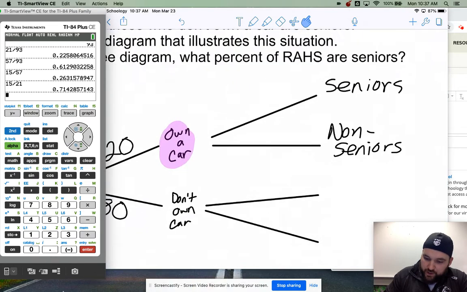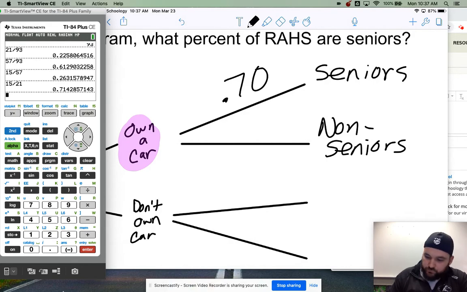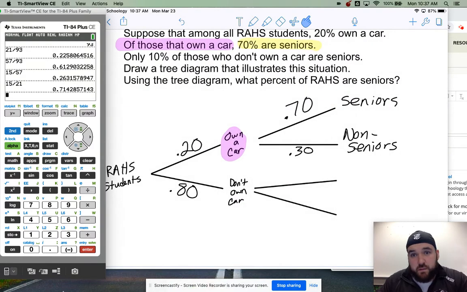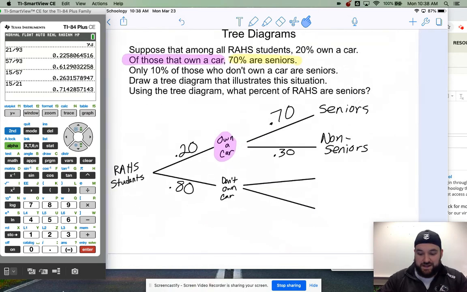Of the people that own a car, 70% are seniors, so this is 0.70, and then the non-seniors would be 0.30. What's crazy is that the 0.70 and the 0.30 are actually given probabilities. If I know they own a car, then you have a 70% chance of being a senior and a 30% chance of being a non-senior.